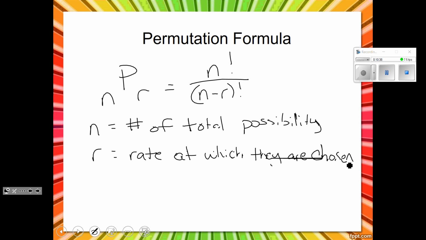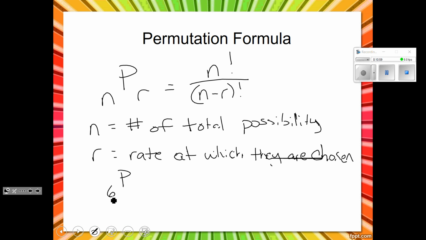So in this case, we did say the people in the back was a permutation, right? Because I was arranging them in a specific order. So my question is what would N be in this case? How many people are we working with? We were working with 6 people.